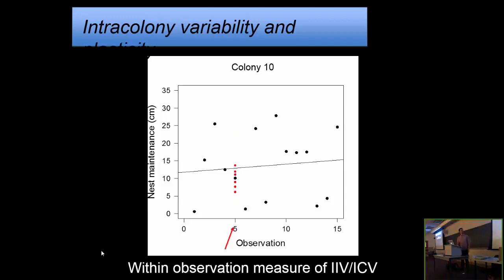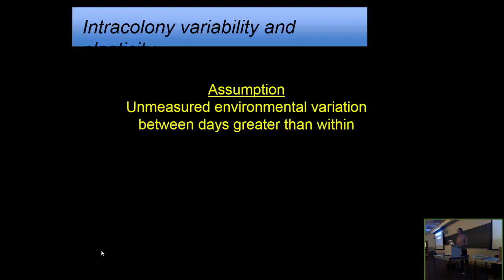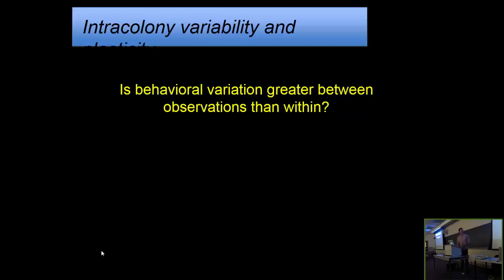So with the assumption that unmeasured environmental variation between days is greater than within days, we can ask whether behavioral variation is greater between observations between days than within days, with the prediction that if unmeasured environmental variables are driving this intra-colony variability, we would see much more between-day variation than within-day.